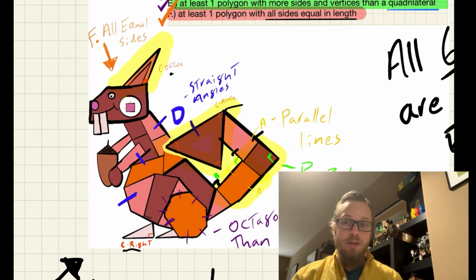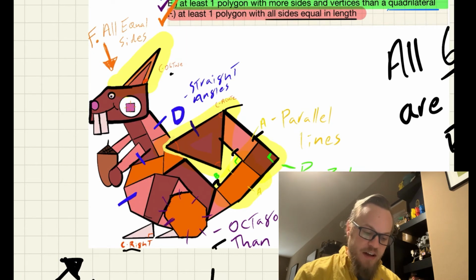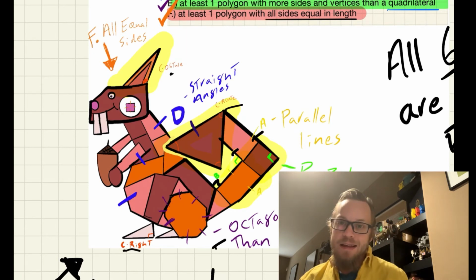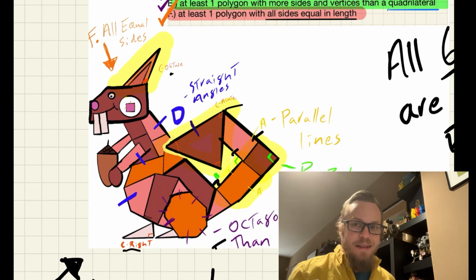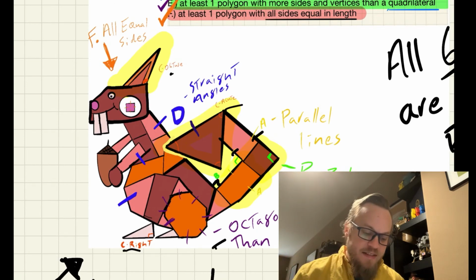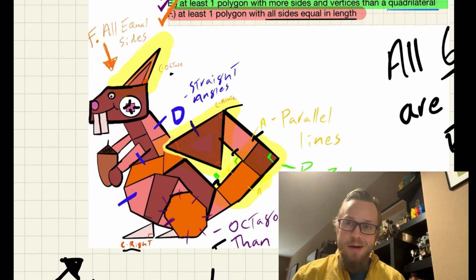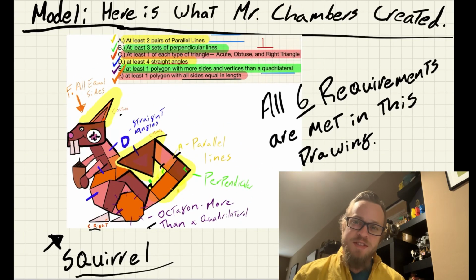A quadrilateral has 4 sides and 4 vertices. So I went and added in this octagon for my E. Octagon has 8 sides, more than 4. And then lastly, I needed something with all sides equal in length. So here in his cheek, I added this accent of a square, and a square has all 4 sides equal in length.